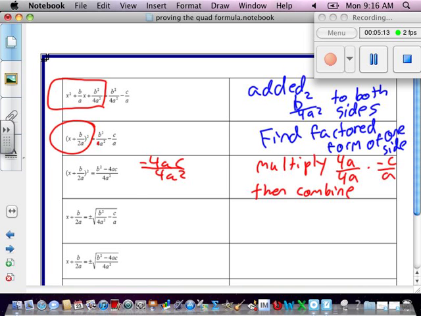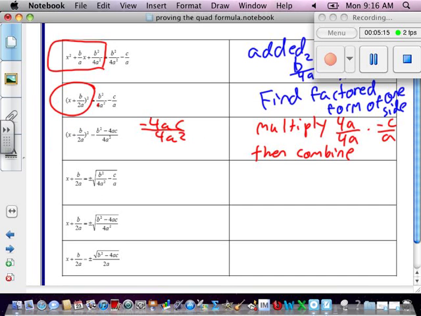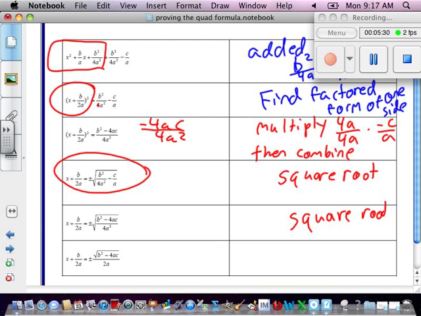Okay, how do you get rid of a square sign? Square root. These two right here are the same thing, one before I combine like terms, and one after I combine like terms. Okay? Same thing.